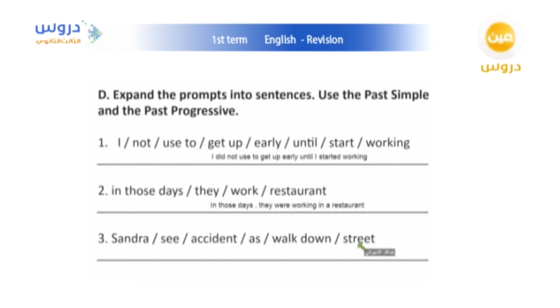Okay, now we will move from the past simple to the past continuous. Imagine that this is the first part. Let me try to write the first part. Sandra saw an accident as, now I want the past continuous.